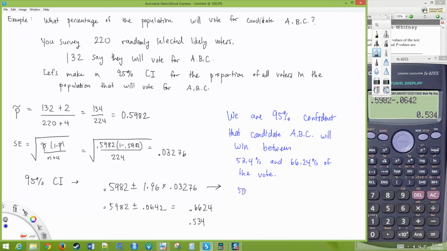So 50% is not inside our interval, so we have evidence that candidate ABC will win the election.